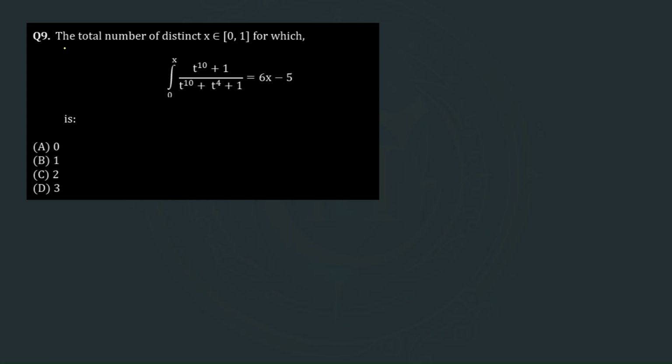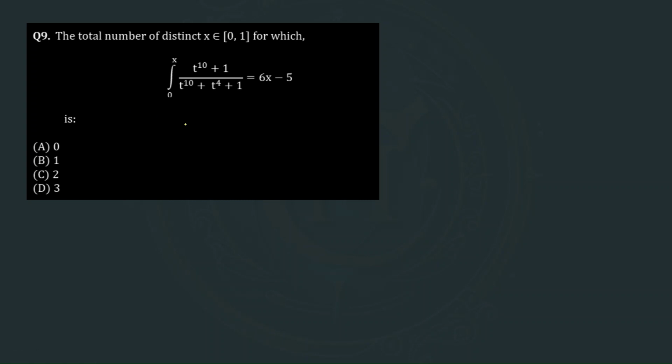The next question says that the total number of distinct x belonging to 0 to 1 for which this equation holds true is what? So we have to find the number of solutions of this equation in the interval 0 to 1.